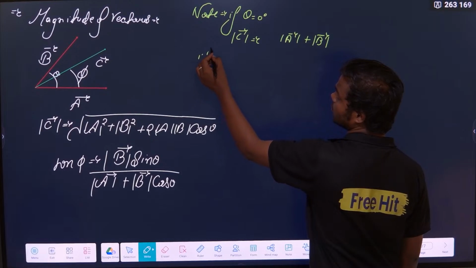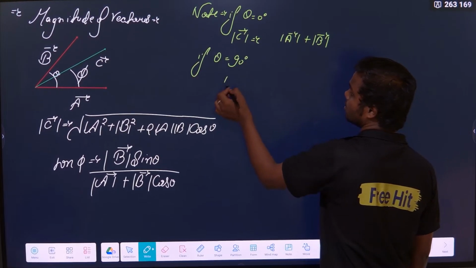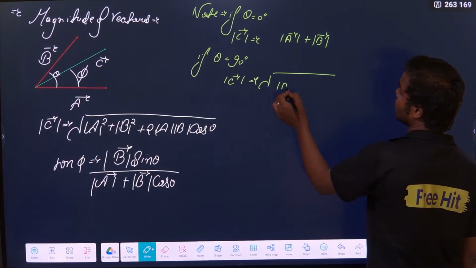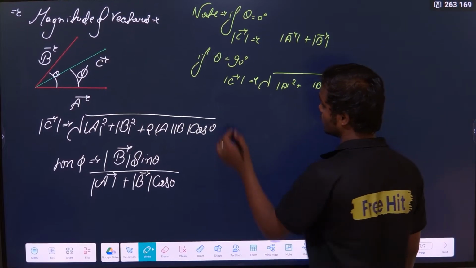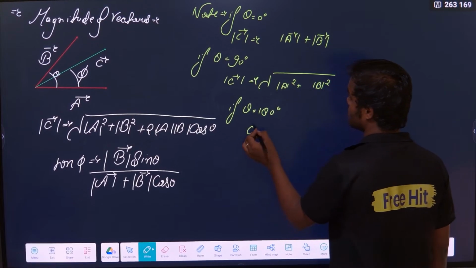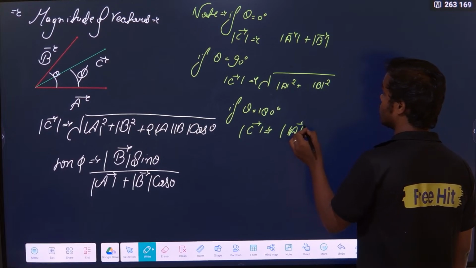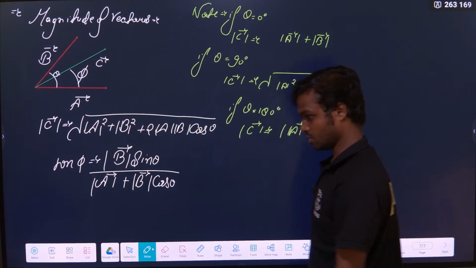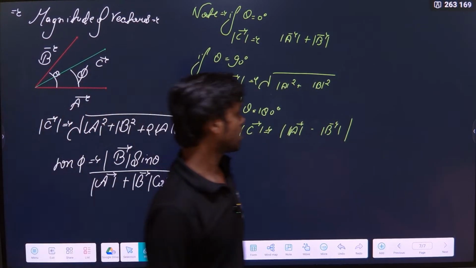Second, if theta is equal to 90 degree, then mod of C vector becomes the root over mod of A square plus mod of B square. If theta is equal to 180 degree, then mod of C vector becomes mod of A vector minus mod of B vector, meaning the difference of the two vectors.